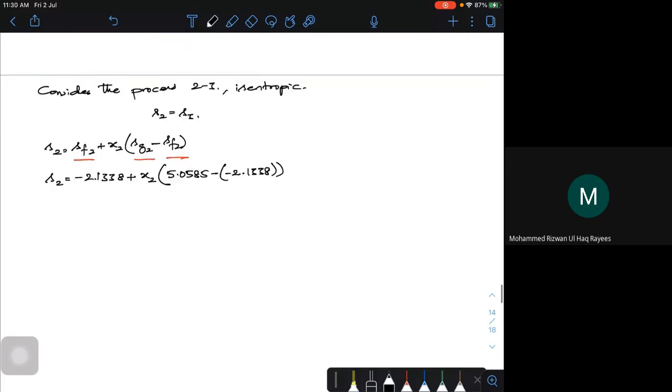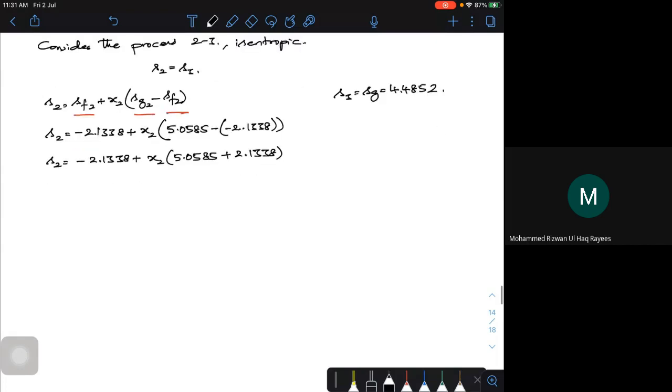Okay, this is S2 is equal to minus 2.1338 plus X2 into (5.0585 plus 2.1338). I got this. Now what is your S3? S3 is equal to SG at 25 degrees Celsius, which is 4.4852, which we already discussed.